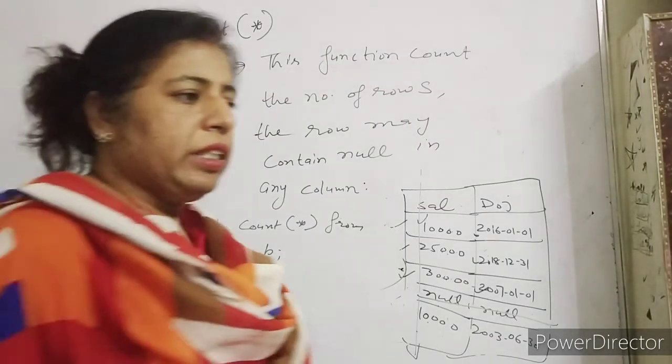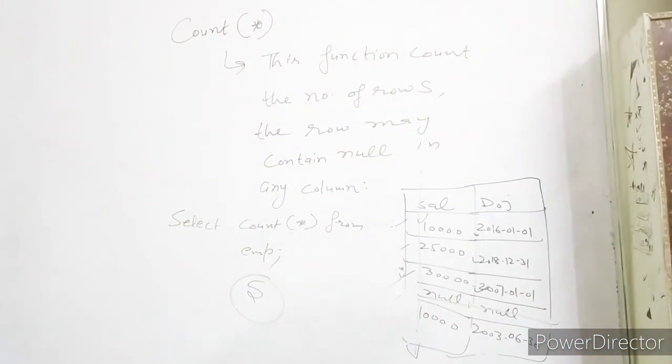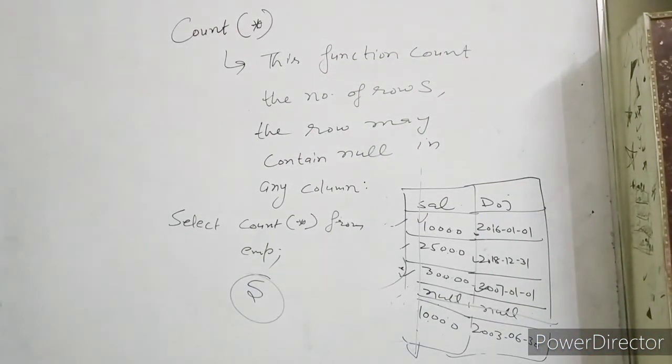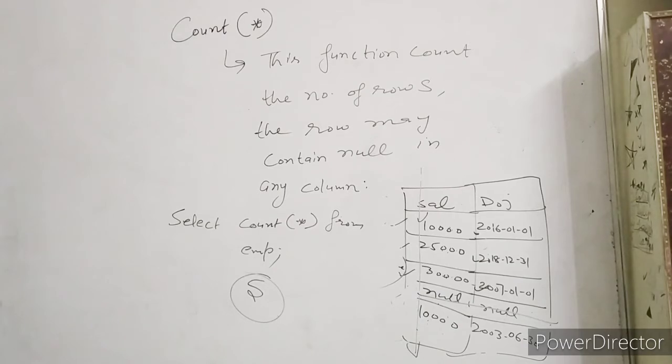Now with all these aggregate functions, we can use a conditional clause also. The where clause we can use. I am giving you some examples to write yourself. Consider the EMP table.